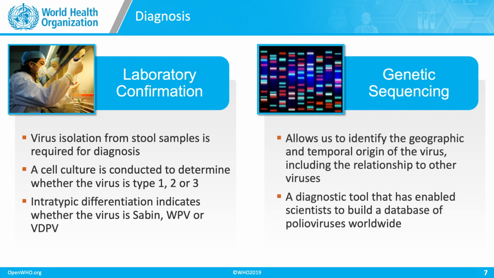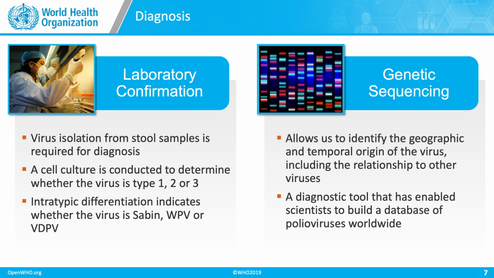Finally, genetic sequencing then allows identification of the geographic and temporal origin of the virus, which includes the approximate age of the virus and its relationship to other viruses. Genetic sequencing is a sophisticated diagnostic tool that has enabled scientists to build a database, or family tree, of polioviruses worldwide.